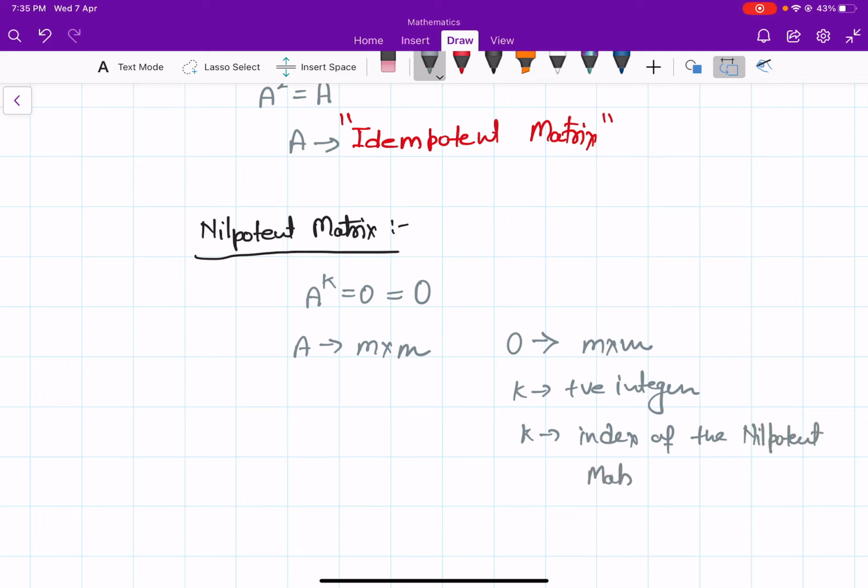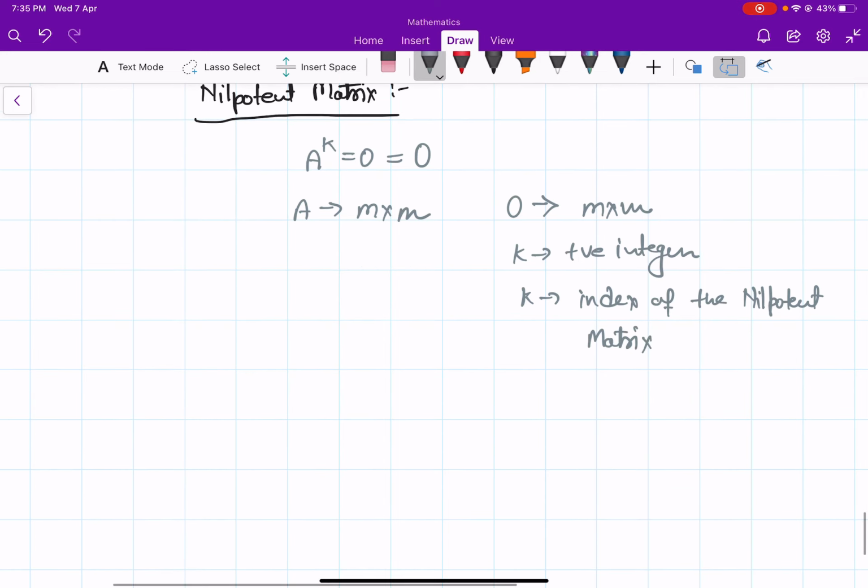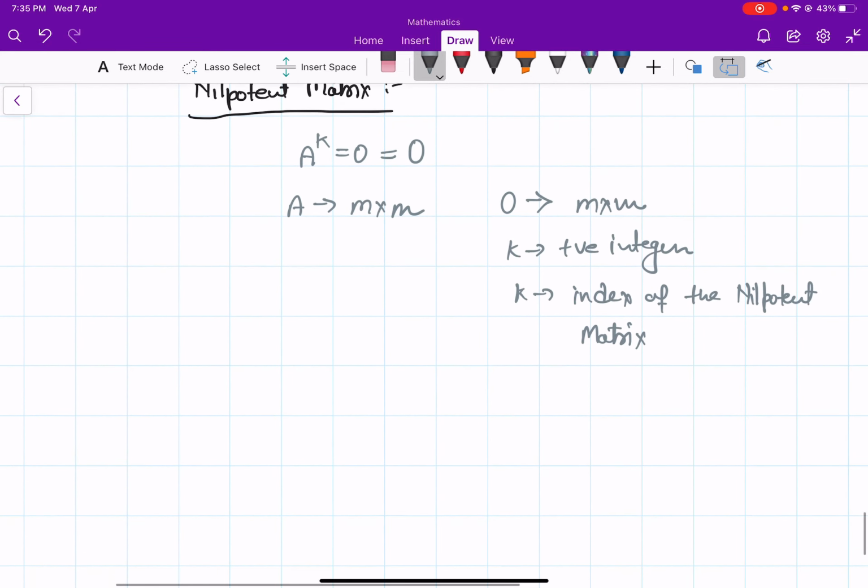So this is another type of matrix, that is nilpotent matrix.